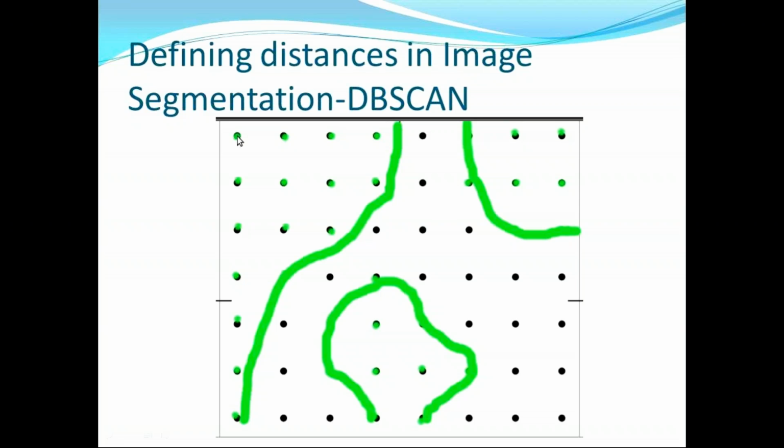The distance between 0,0 and 0,1 is just 1. It doesn't matter which two neighbors you pick. The distance from here to here will be square root of 2. So it's different. You can't use the concept of density in terms of which points are clustered together in the usual sense of distance.